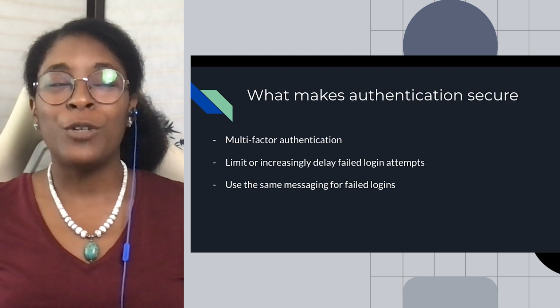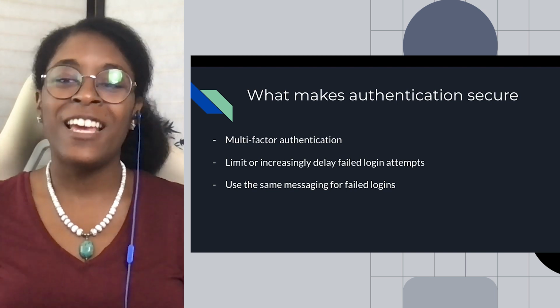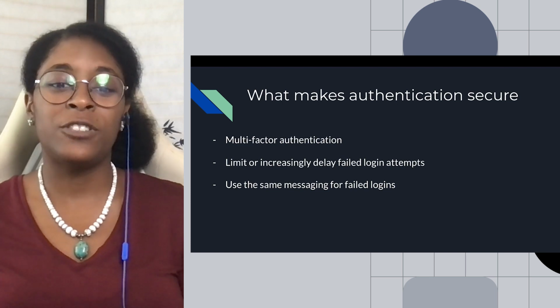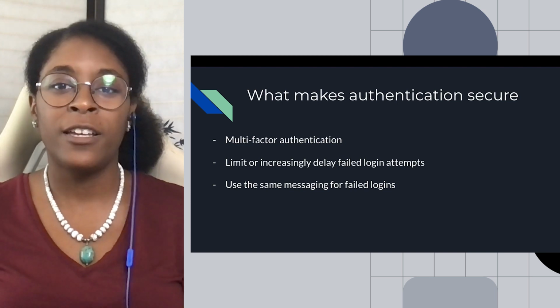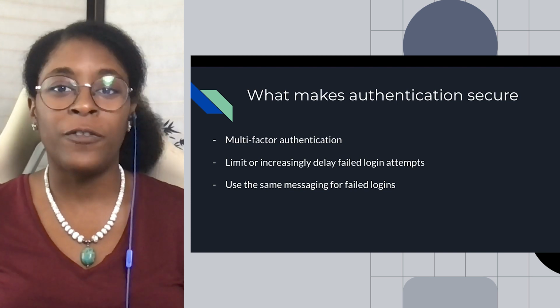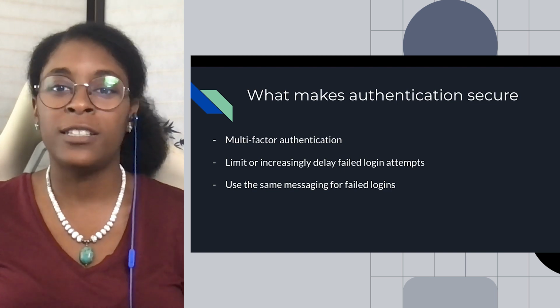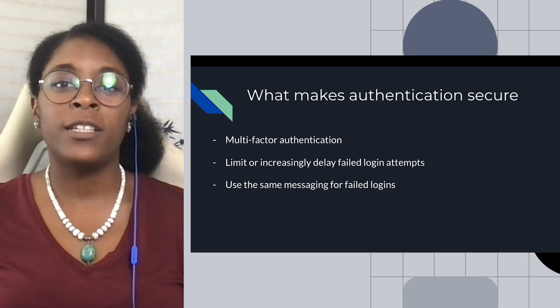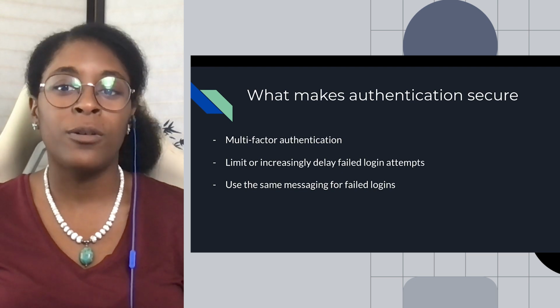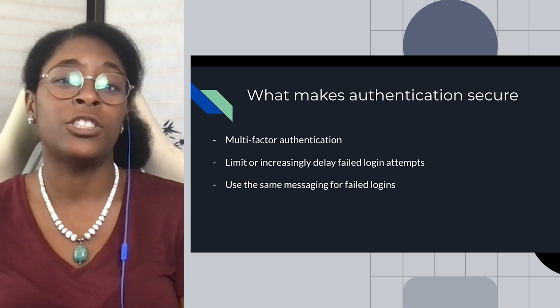But when we're trying to prevent attacks, it's more useful to give some generic message like login invalid or failed attempt, or something that doesn't give away what is specifically wrong with this authentication.